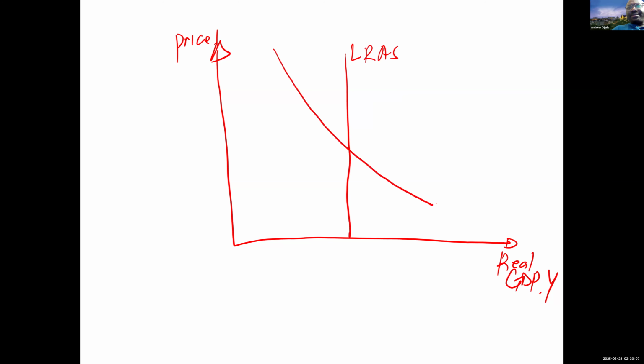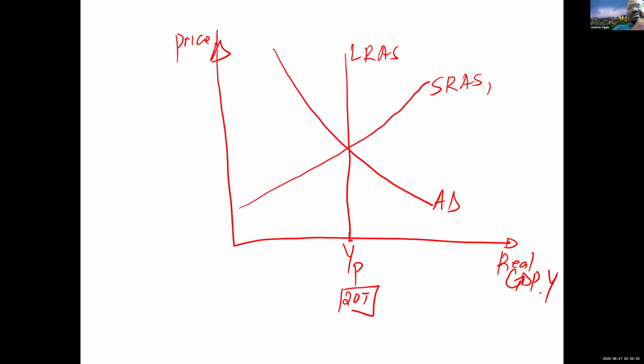This is your aggregate demand curve, AD, and this is my short-run aggregate supply curve 1. This is your potential output, which in our case is $20 trillion. This was our long-run price level, which we are saying is equal to 115. And the economy is at point A.